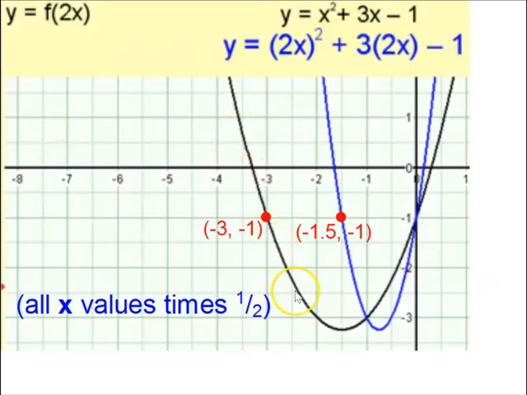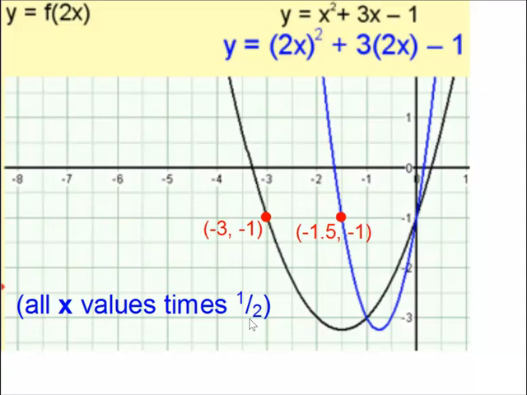So our original curve is the black curve. So this is y is equal to x squared plus 3x plus 1. And our blue curve, we can see there is 2x now inside the brackets and 2x inside the other brackets. So all our x values get multiplied by a half. So remember, if it's outside the bracket, like we had in the previous couple of examples, the y value gets multiplied by the number itself.